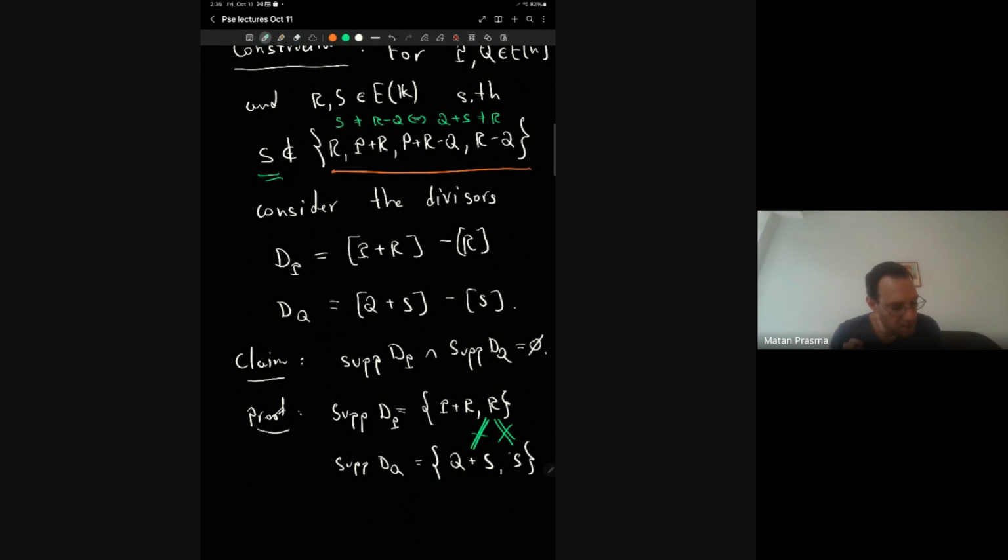Now S cannot be equal to P plus R, and this is basically this relation.